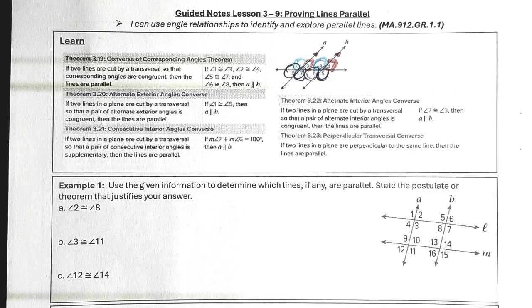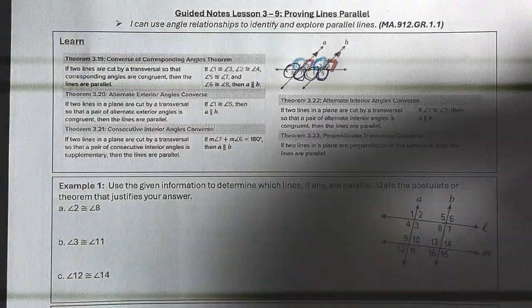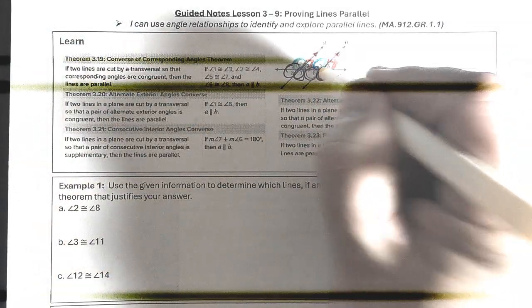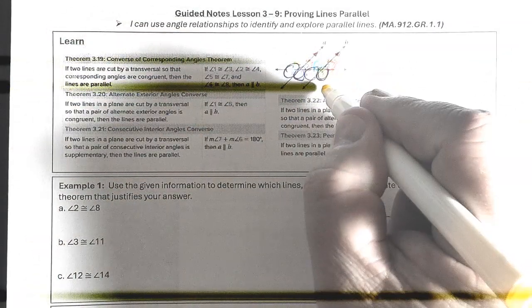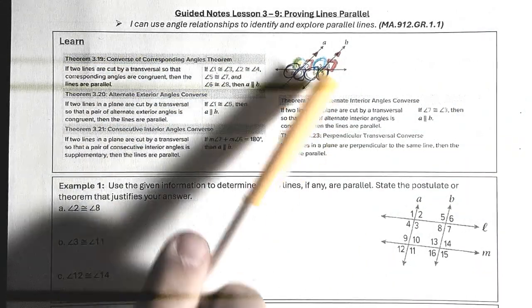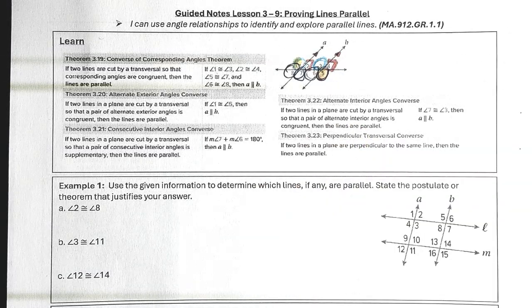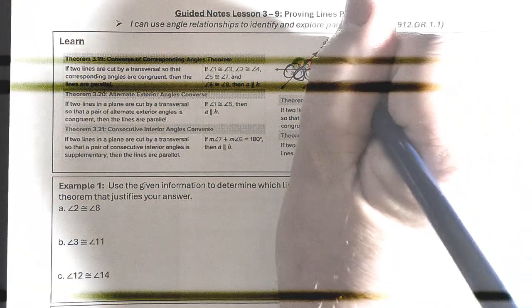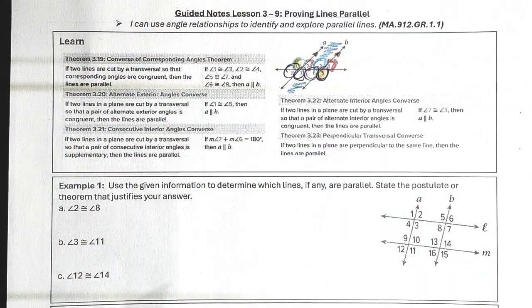Remember, 5 is at the bottom left, and 1 is top right over here. A and B are our lines, so both angles are exterior, outside of A and B. A to B would be the interior. Everything else is the exterior.